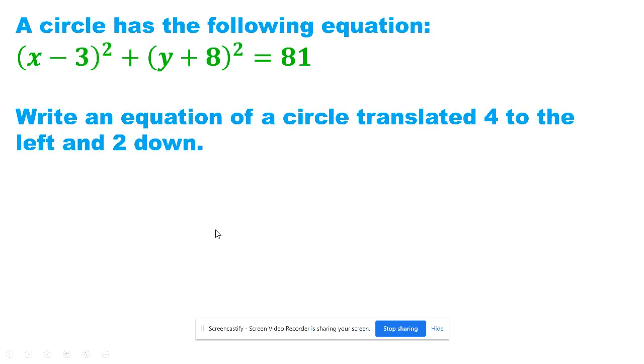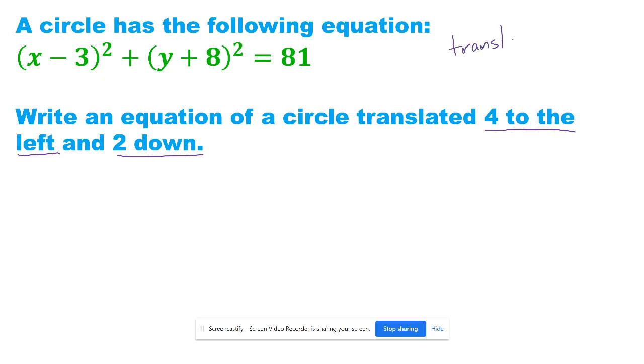All right. Couple more things to look at here. It says a circle has the following equation, and it gives you the equation. It wants you to write an equation of a circle translated 4 to the left and 2 down. So here's what we're dealing with. We know that when you do a translation, that's called a rigid motion. I'm going to make a note of that.